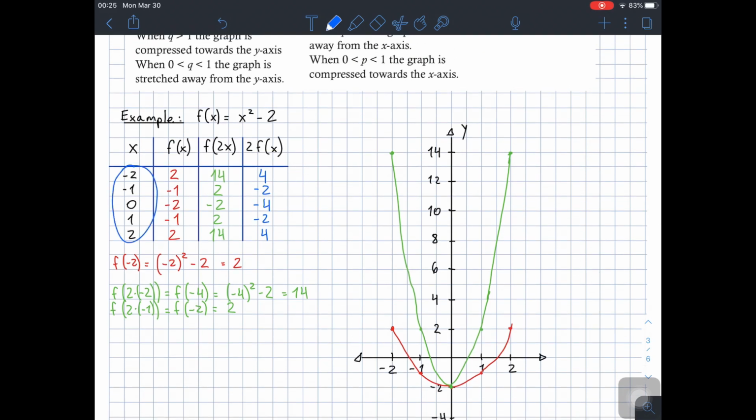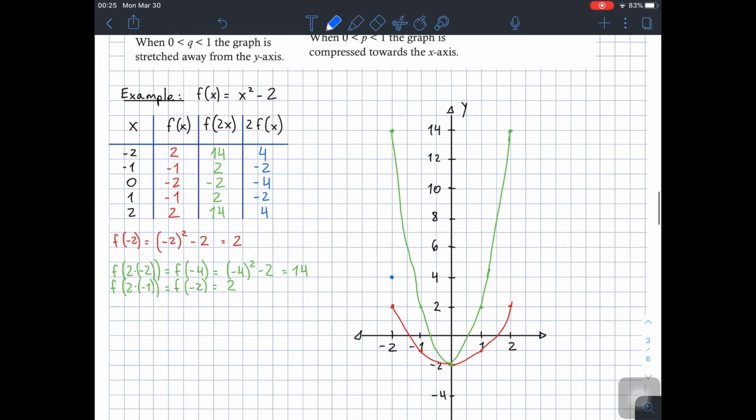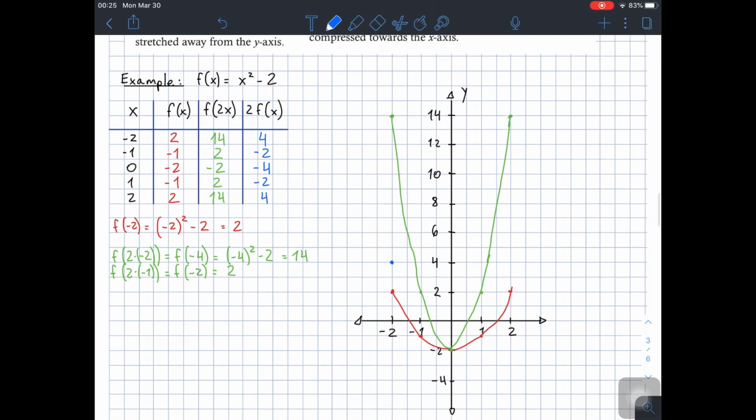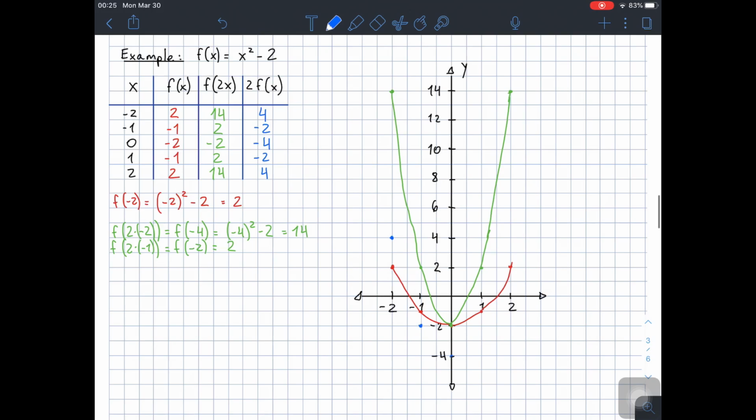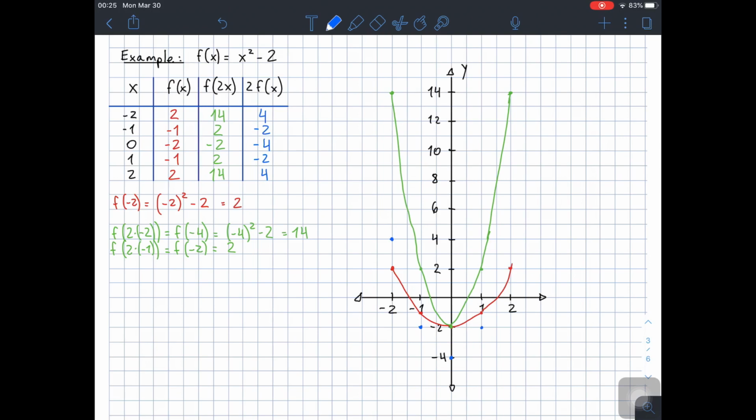Remember, it's always with respect to these values of x. So the first point would be -2, 4. -2 and 4 is here. -1 and -2 is here. 0, -4 is here. 1 and -2 is here. 2 and 4 is here.